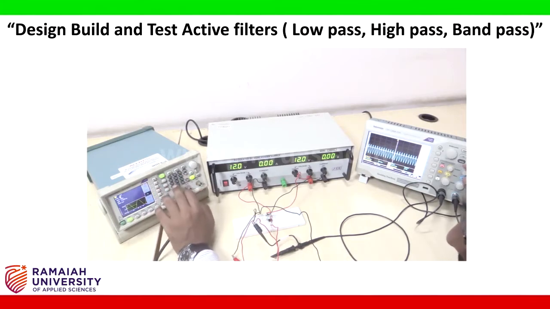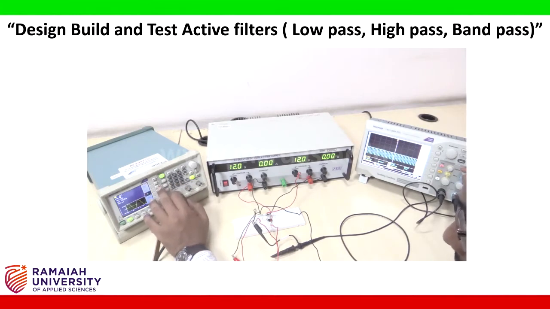At 600 hertz, 2.8. Some 800 hertz I will put. See, drastically it changes. It will give some 2 volt peak to peak, about 0.3 reduced.